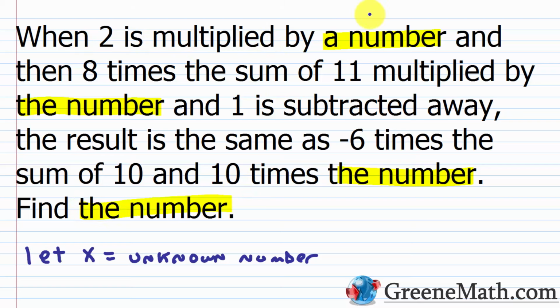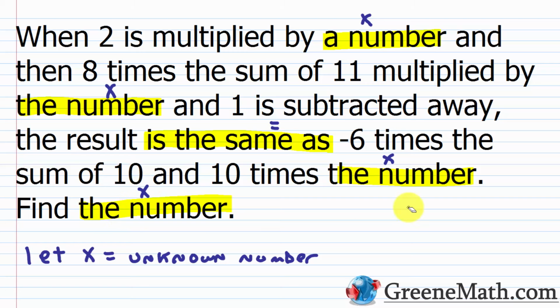When 2 is multiplied by x, and then 8 times the sum of 11 multiplied by x, and 1 is subtracted away, the result is the same as. So we know this part right here where we say is the same as, that's going to be equals. -6 times the sum of 10 and 10 times, again, for the number, I'm going to put x, and then find the number, I'm going to put x here.